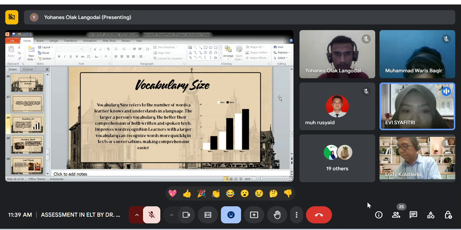Improved word recognition: learners with a larger vocabulary can recognize words more quickly in text or conversation, making comprehension easier and facilitating contextual guessing. When someone has a broader vocabulary, they can more easily guess the meaning of unfamiliar words based on other words in the sentence or paragraph.